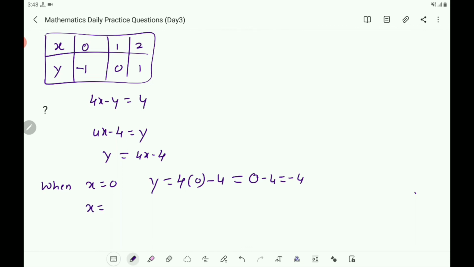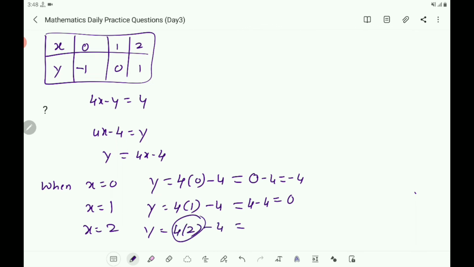And x equals 1, you take any convenient value. y equals 4 into 1 minus 4, and 4 into 1 is 4, 4 minus 4 equals 0. And x equals 2, y equals, in the place of x you write 2, that is 4 into 2 minus 4. 4 2s are 8. 8 minus 4 equals 4.